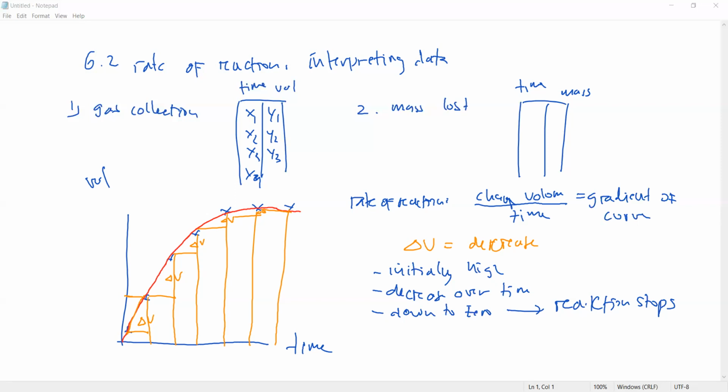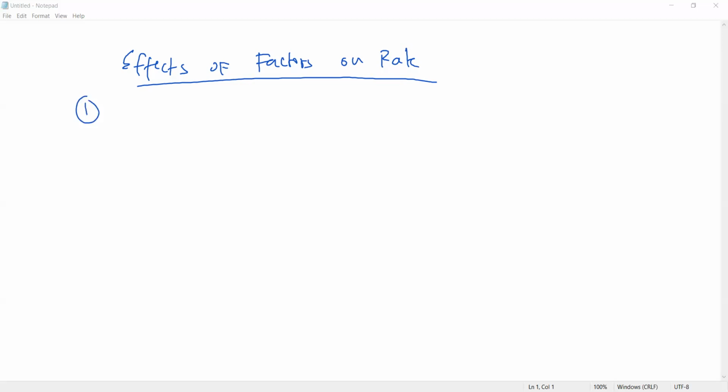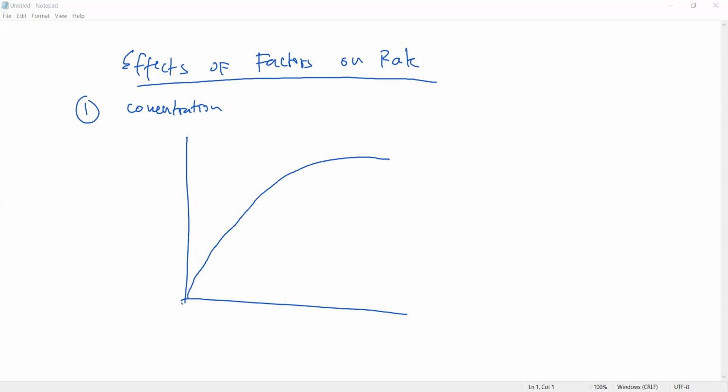Next, we're going to see the effects of factors on rate. The first is, what is the effect of concentration? Let's say this is the graph, the initial graph.